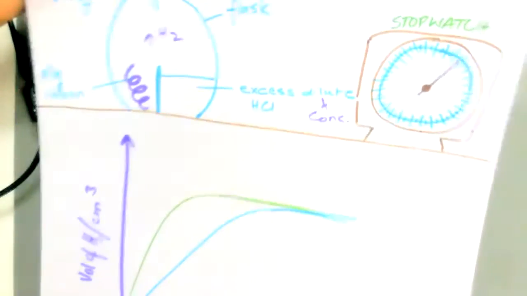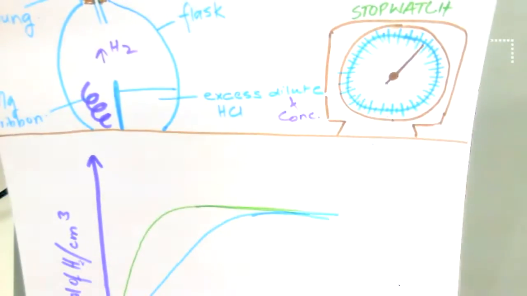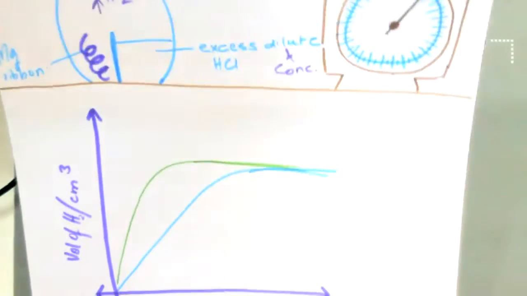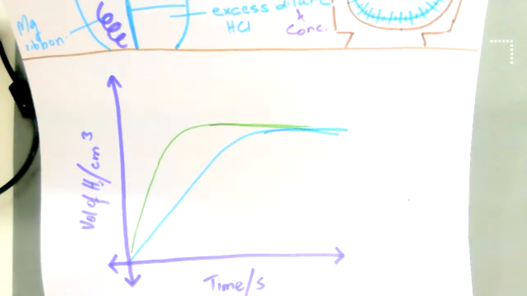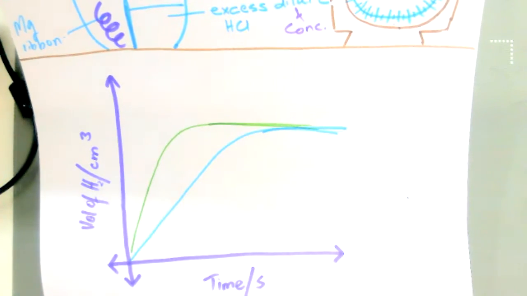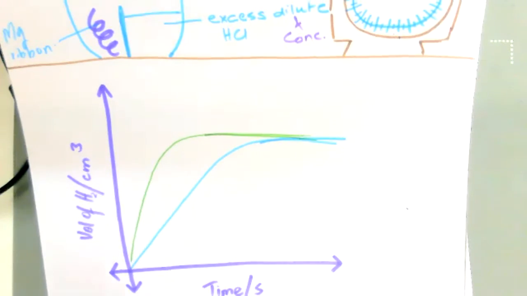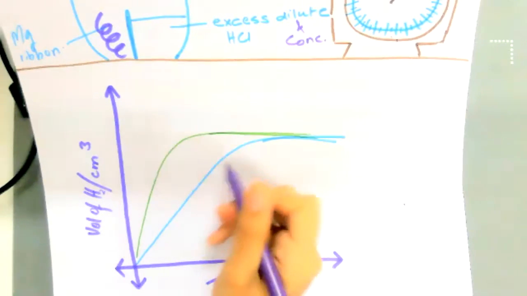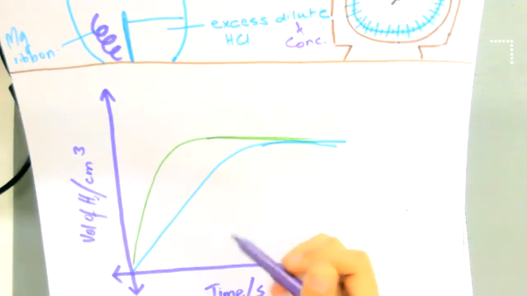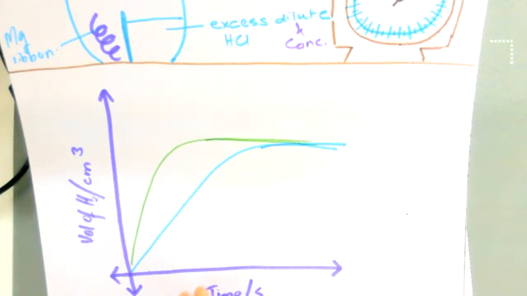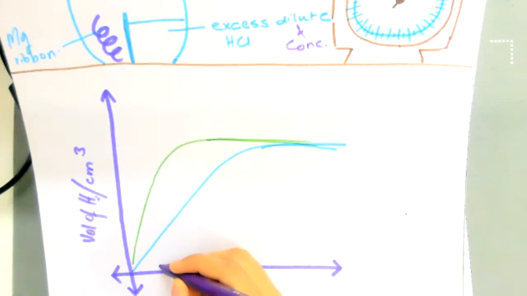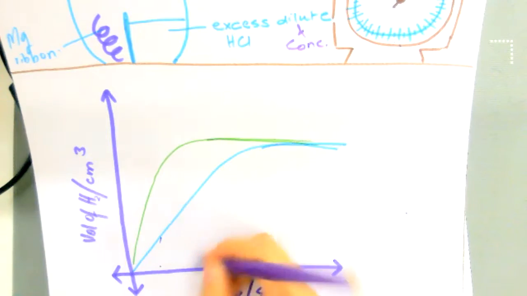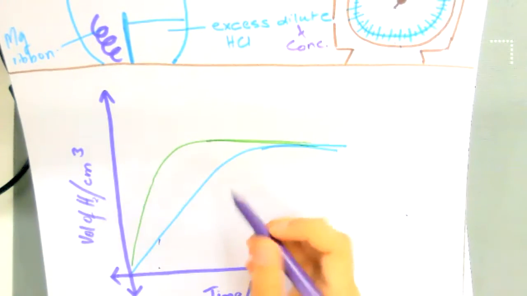On that graph we're going to have time as the x-axis, and volume of hydrogen produced as the y-axis. We're going to choose a time interval, let's say a minute, and every minute we see what the volume of hydrogen was, and then we plot it.